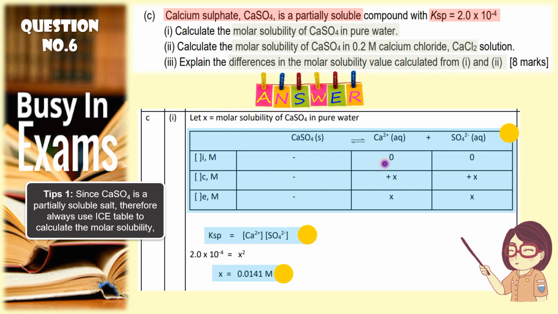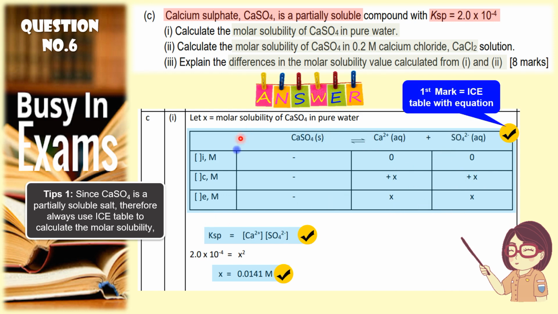And for Ca2 plus it is 0, SO4 2 minus also 0 because not formed yet. Okay, change in concentration, you have to refer to the mole ratio. So both ions are equal to 1. So it will increase positive X and positive X. At equilibrium, X and X.